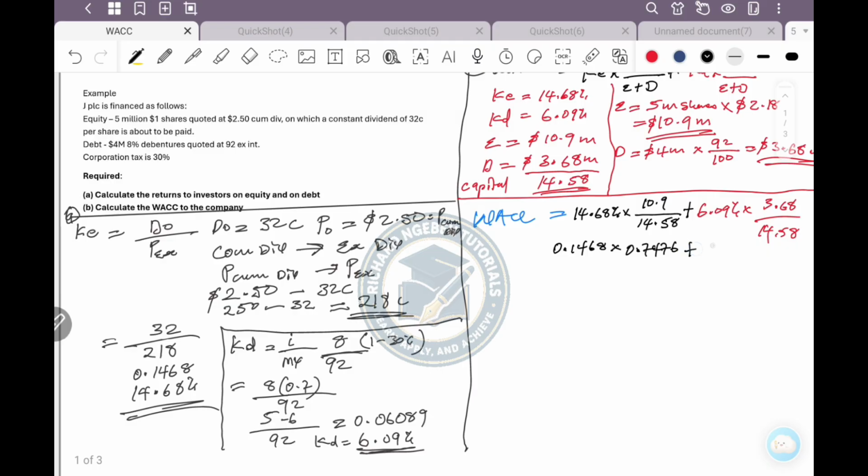You say all plus, this will be 0.0609 multiplied by what?